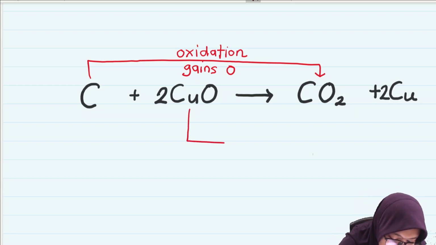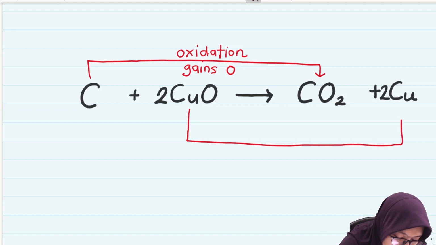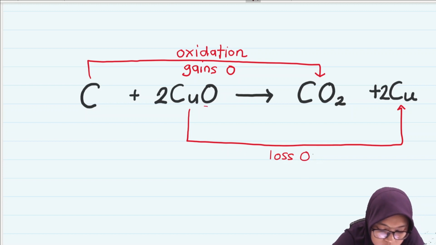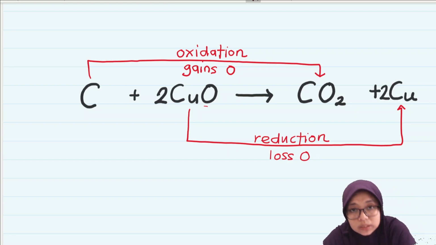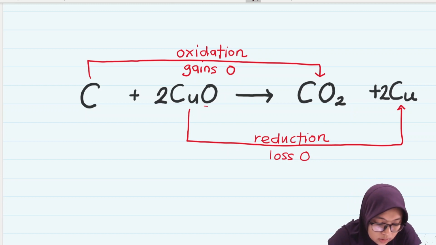Then copper undergoes a reaction where it lost its oxygen. Daripada ada oksigen, dia jadi tak ada oksigen. So the name of the reaction is reduction. Now we determine the oxidizing agent and the reducing agent. Which one is the oxidizing agent?